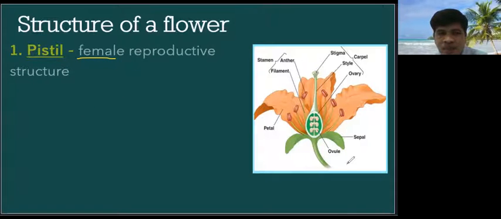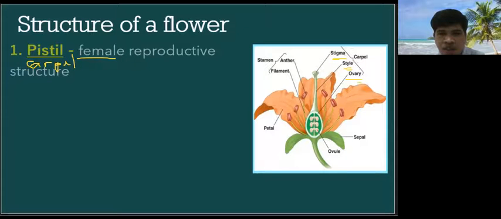You still remember? We have the stigma, the style, and the ovary. The pistil or the carpel has three basic parts: stigma, style, and ovary.